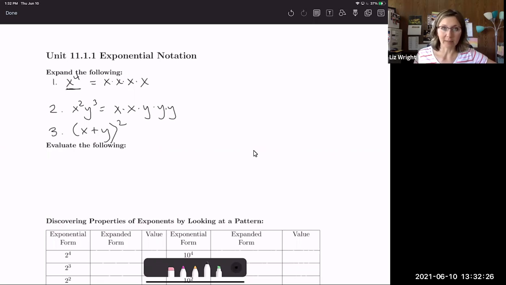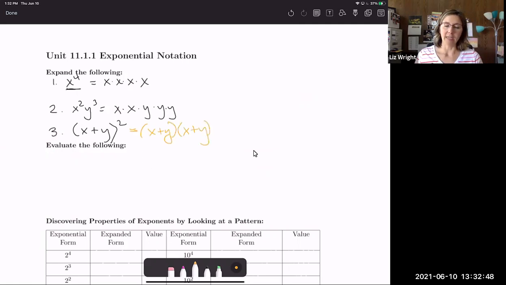That would be incorrect, because what that quantity squared is telling you to do is to take that entire quantity times itself 2 times. So this actually equals x plus y times another x plus y.